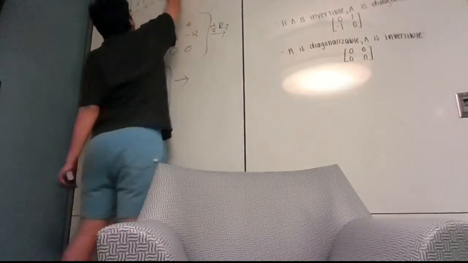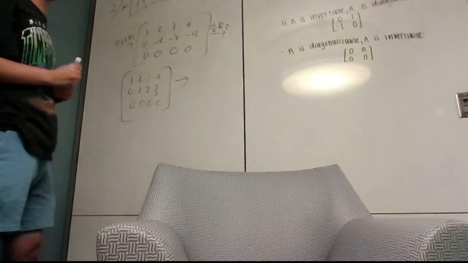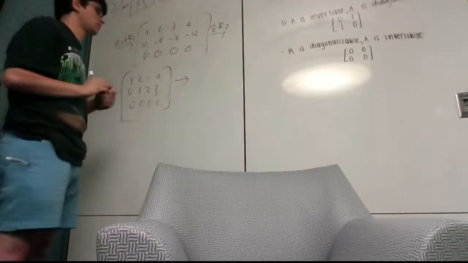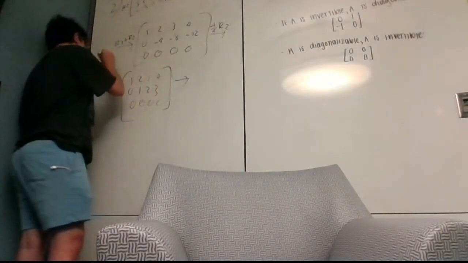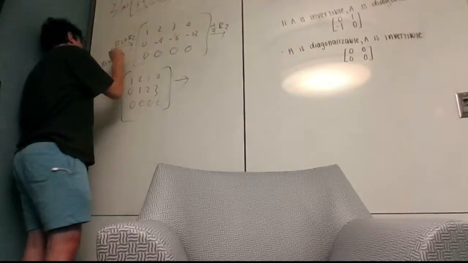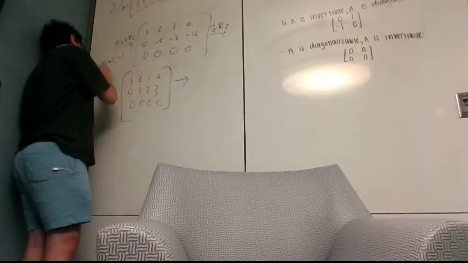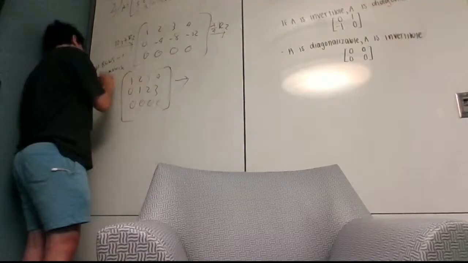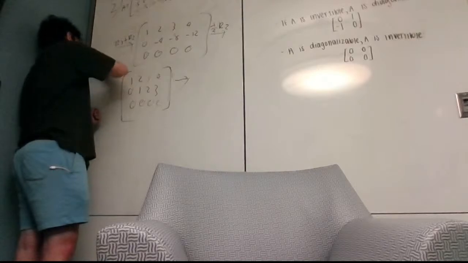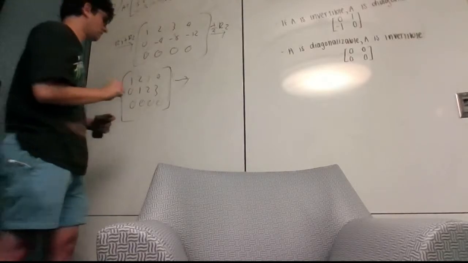I like to think of the rank of the reduced row echelon form as just the number of rows minus 1. So say a 4 by 3 matrix, 4 minus 1, that's rank of 3. Right? This is not really mathematical. It's just something I made up at the last second.